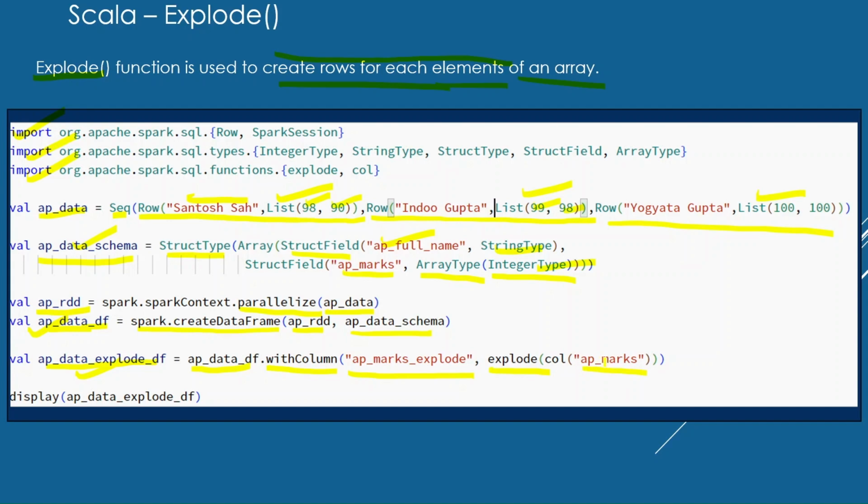The AP marks column is of array type, that's why we are exploding it. There are two values in the array, so for each object two new rows will be created, and we are displaying with the help of the display function. So let's see how it works in Databricks.